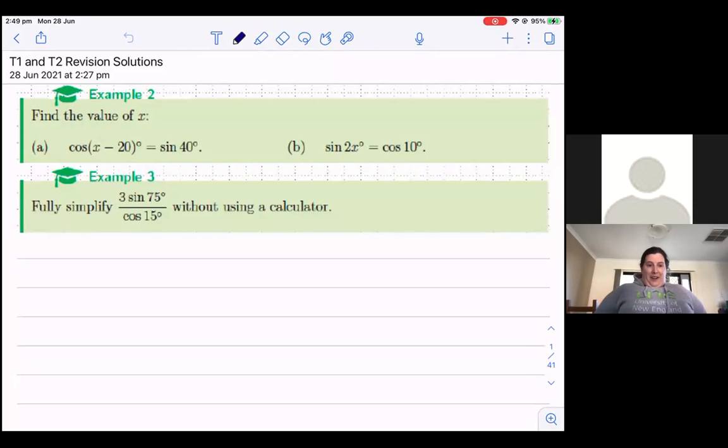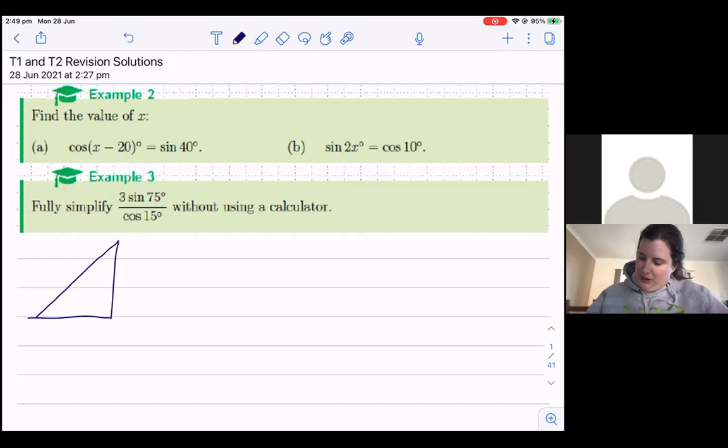Okay, so we're revising trigonometry. Yes, now I have a calculator. These first two questions use the fact that if you've got any triangle, let's call this A, B, and C, and let's call this theta.